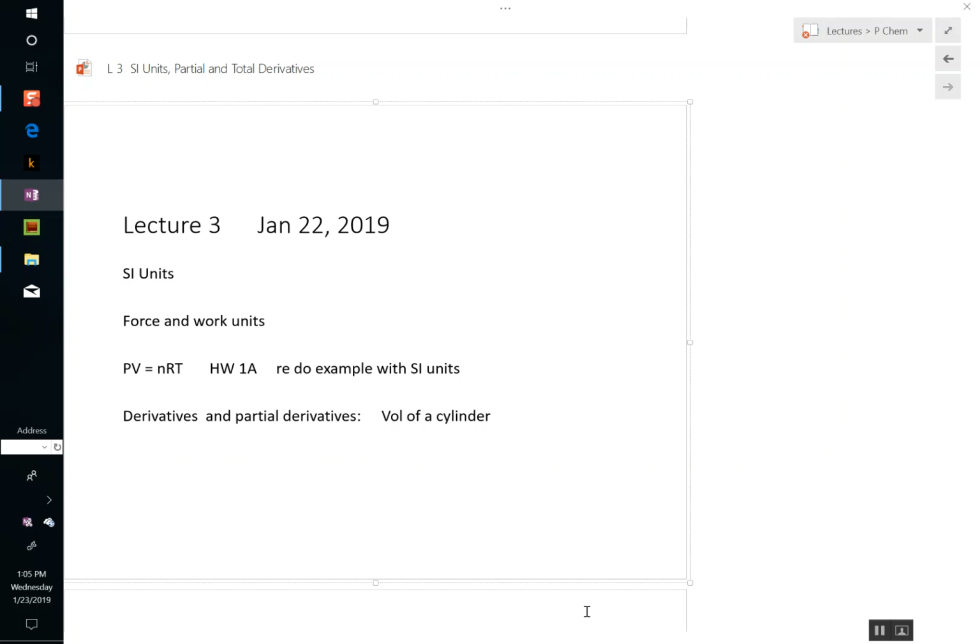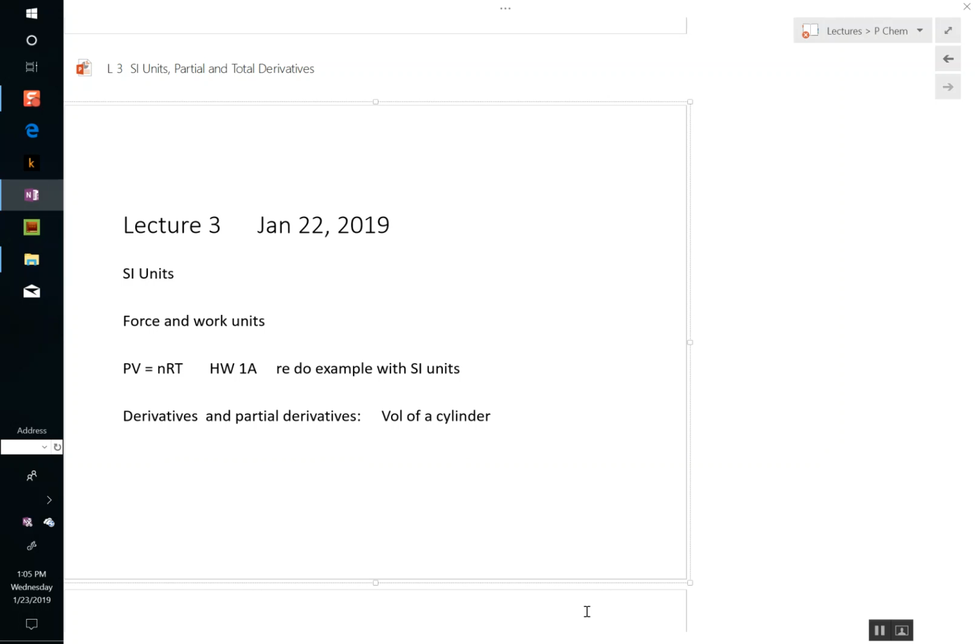Mass times acceleration. So mass is kilograms times meters per second squared. All right, so force units. This is the units of force. Ignore numbers for right now. So that's the units of force.